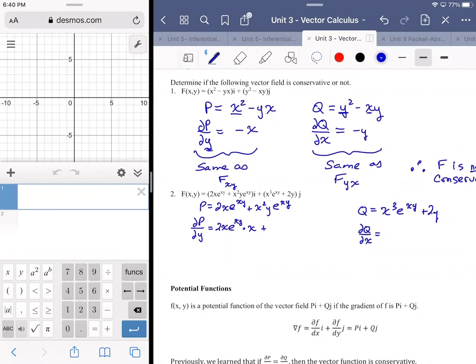Now this one, again, with respect to y, the x squared is going to be a constant multiplier, so we can hang on to that. But then I have to take the derivative of this part of it. I'll use my highlighter here.